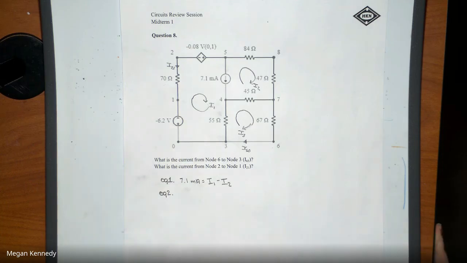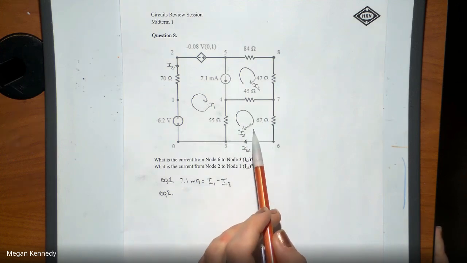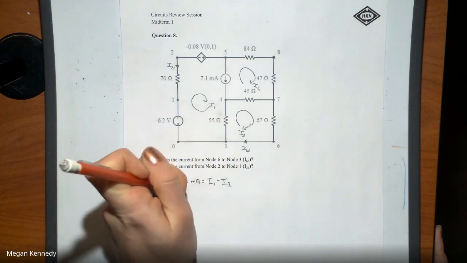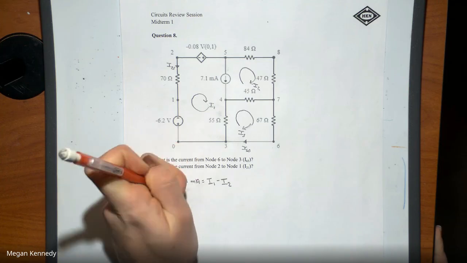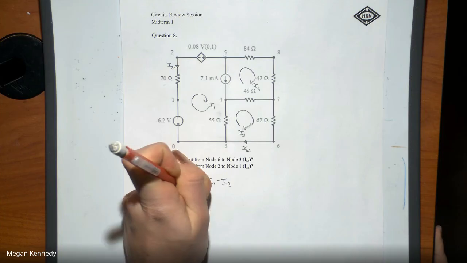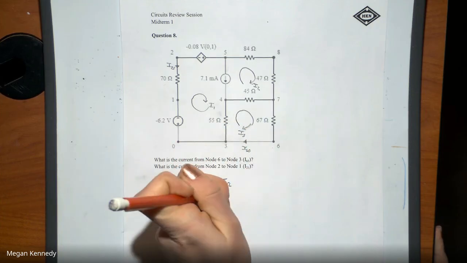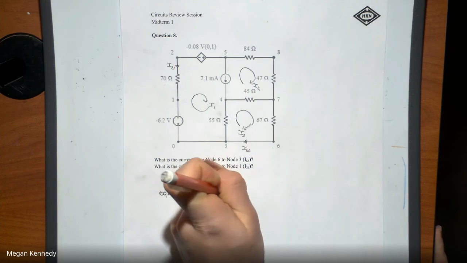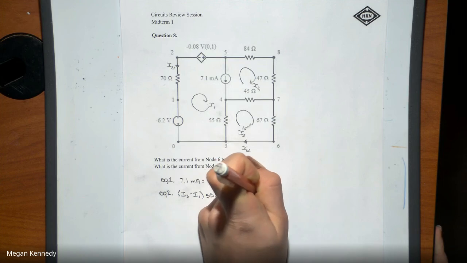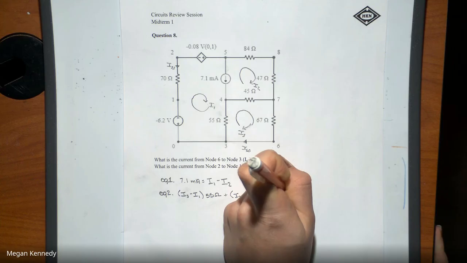Then for our second equation, I'm just going to do this little box down here because it's the next simplest one that we can do. So this is going to be (I3 minus I1) times 55 ohms plus (I3 minus I2) times 45 ohms plus 67 ohms times I3.